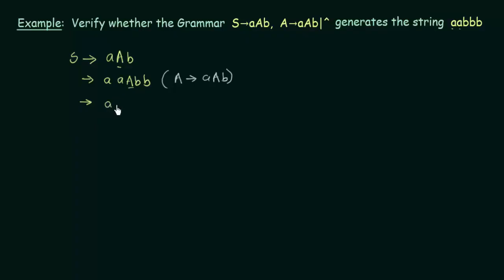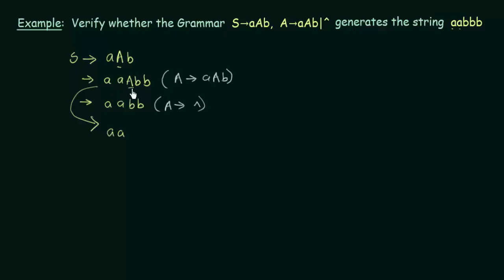It will become like this, aabb. This is if I choose A gives the empty symbol, but this is not the string that we need. So instead of that, if I choose A to give aAB, this is the only other production that A has.